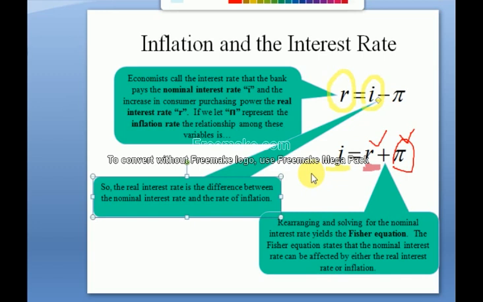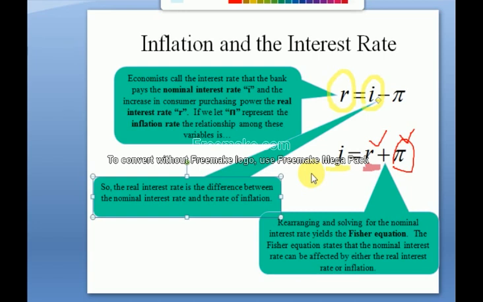This point is to be noted, dear students, that the real interest rate should be considered predictive when the true rate of inflation is unknown or expected. For example, look at if I deposit money in Azizi Bank and Azizi Bank gives me 10% interest.